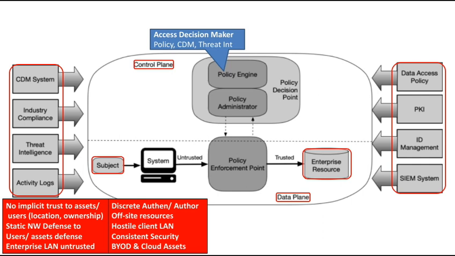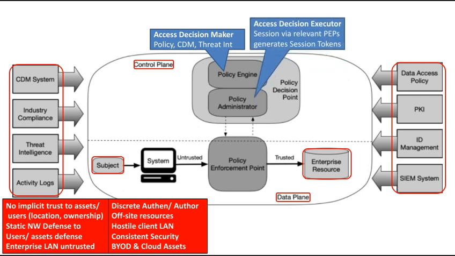Moreover, it also takes its input from the organization policies. So all the policy rules are made by the policy engine, and then it works with the policy administrator to execute these policy decisions.